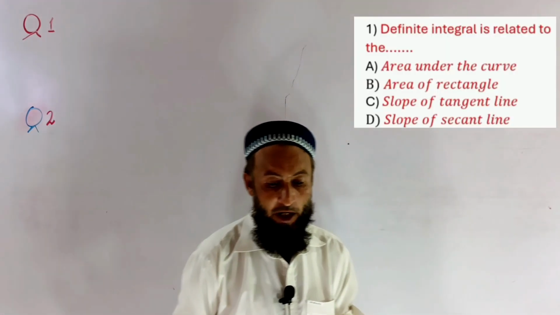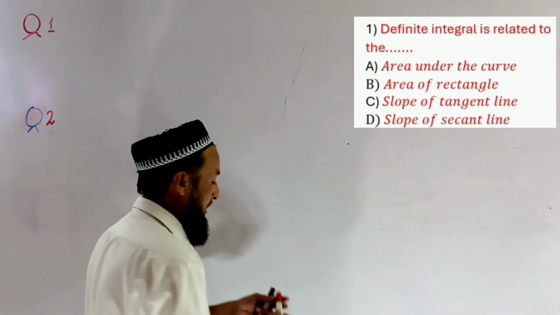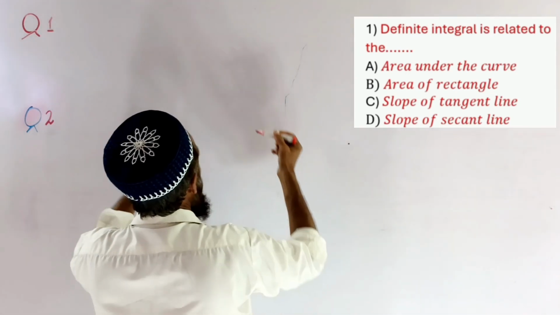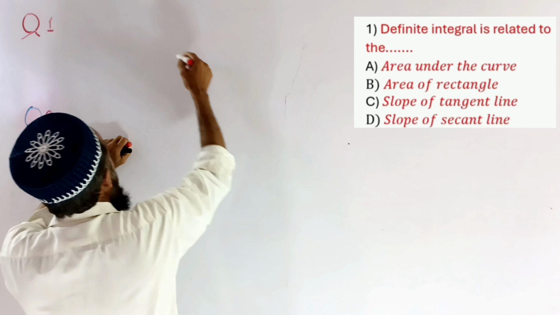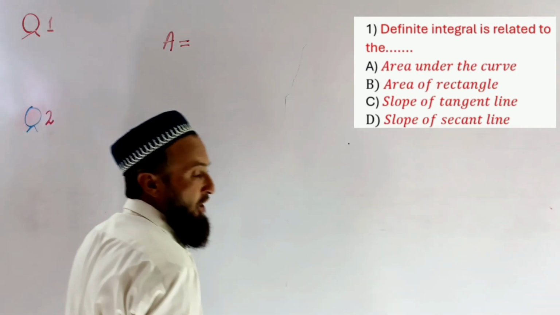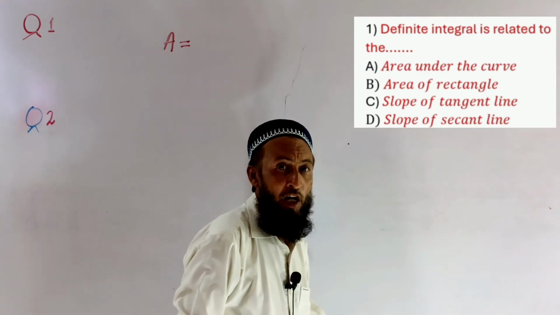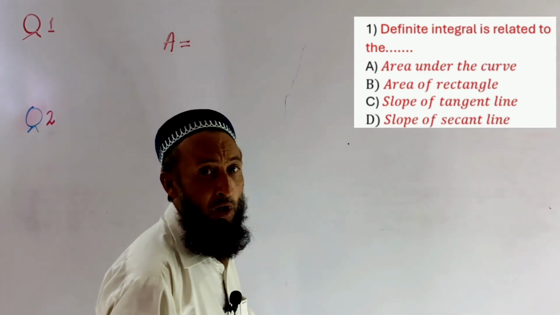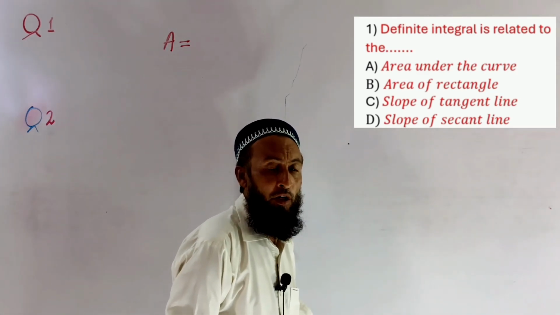You check it. Definite integral is related to the, there are four options. Definite integrals we have already discussed in the previous videos of my lectures, in detail from question number 1 up to question number 26.